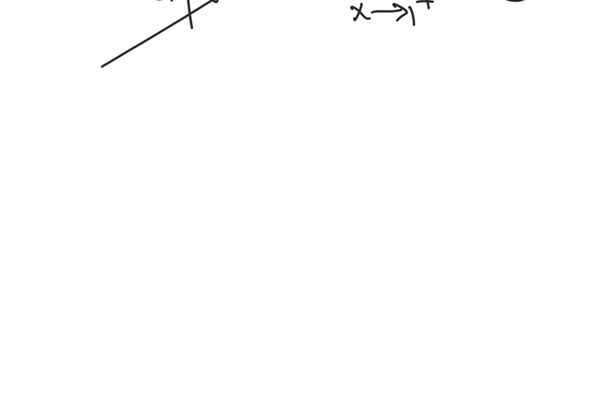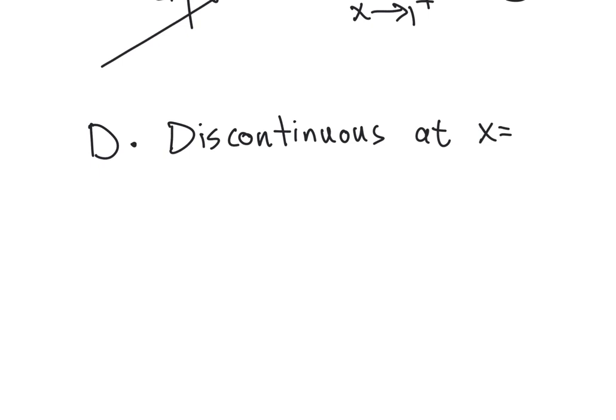Let's see the last example, part D. The function is discontinuous at x equals 1 and is called infinite discontinuity.